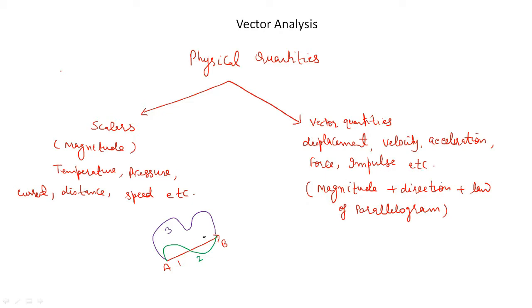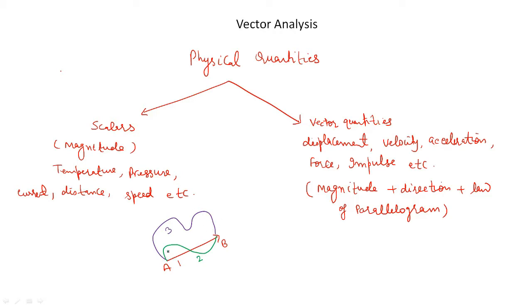Here you can see in this diagram that there are three paths. One is represented by the red line, the other is represented by the green line, and the third one is represented by the blue line.